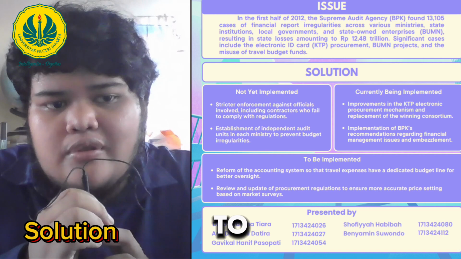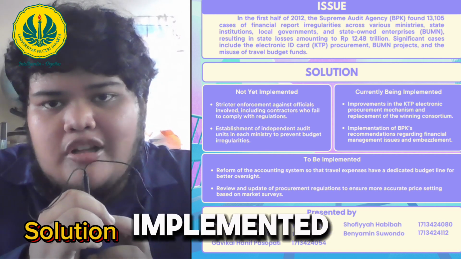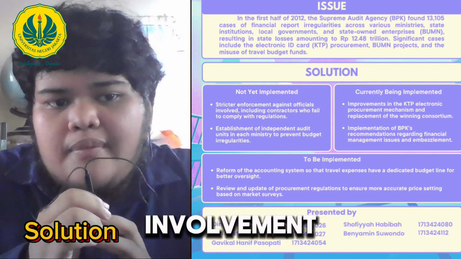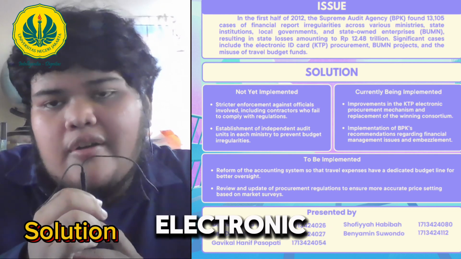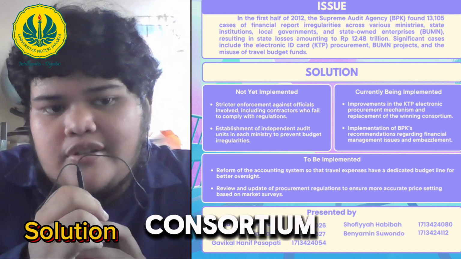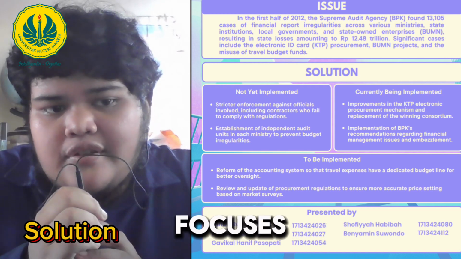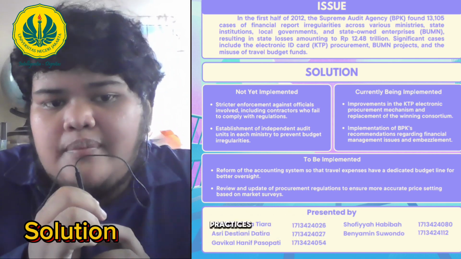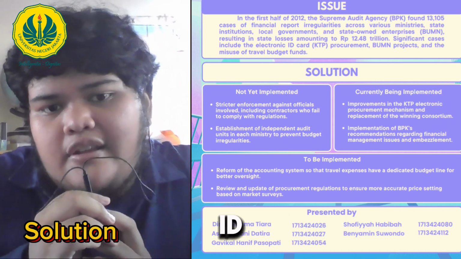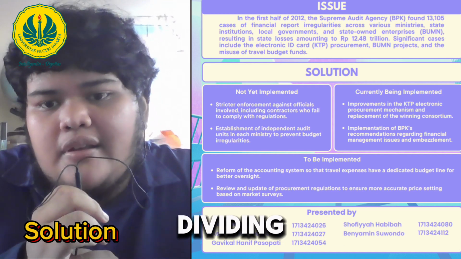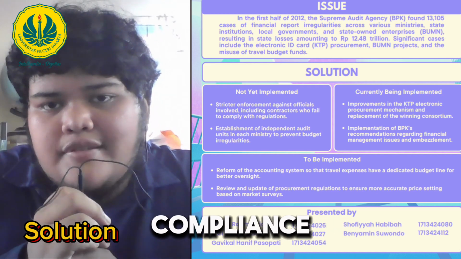Now we're going to the currently being implemented. First is the involvement in the KTP electronic procurement mechanism and replacement of the winning consortium. This focuses on revising procurement practices for electronic ID cards to ensure transparency, competitive bidding, and better contractor compliance.